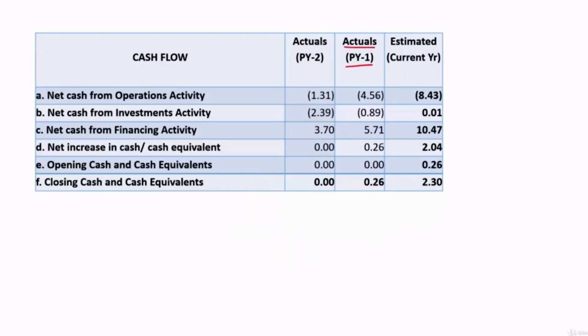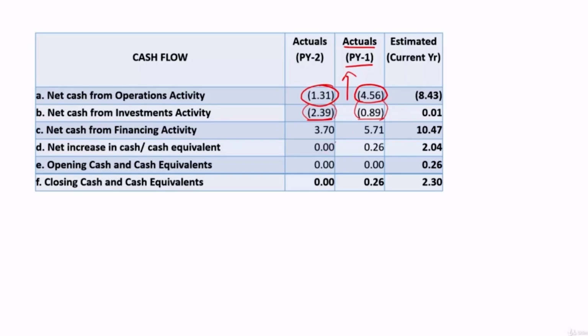In previous year 1, their negative cash flow from operational activity increased. In previous year 2 it was 1.31 crore, but now it increased to 4.56 crore negative cash flow. And if you look at the cash flow from investment activity, the negative cash flow in the previous year was 2.39, and this year it has come down.